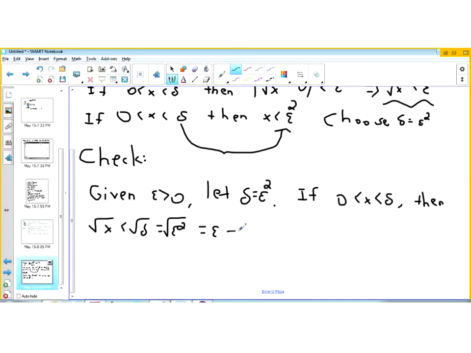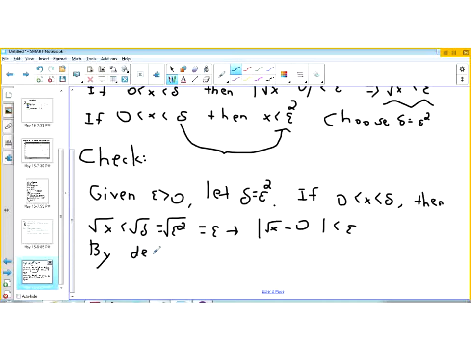The square root of epsilon squared, of course, is just epsilon. So this implies, dressing up the square root function in a format consistent with f of x, that the absolute value of f of x minus L is less than epsilon.